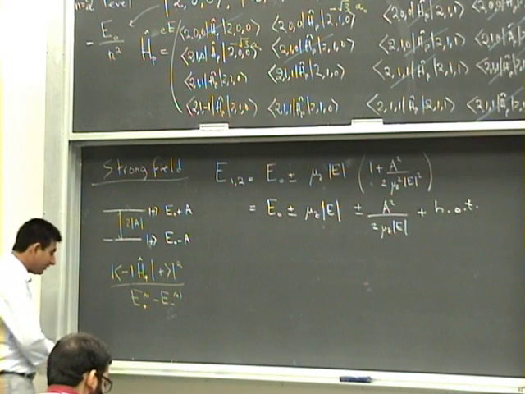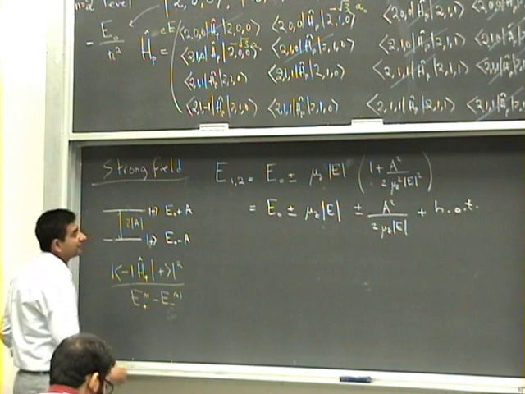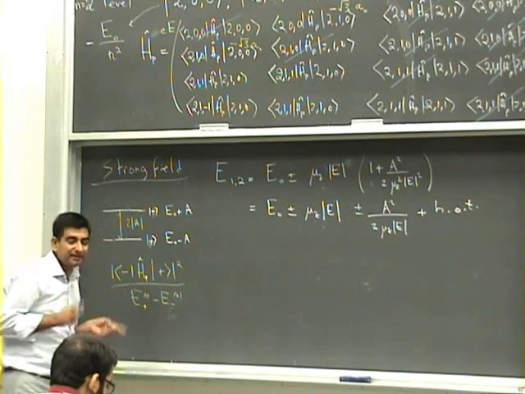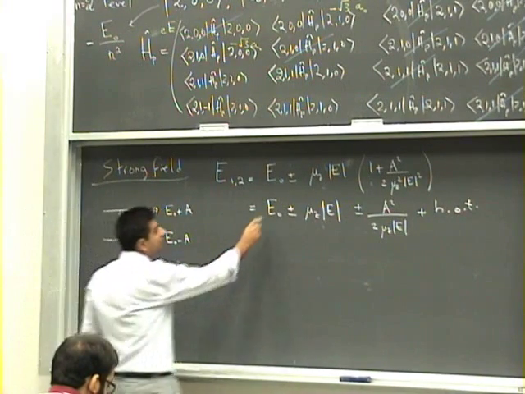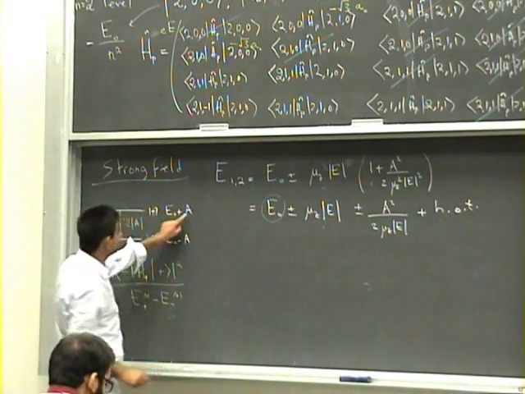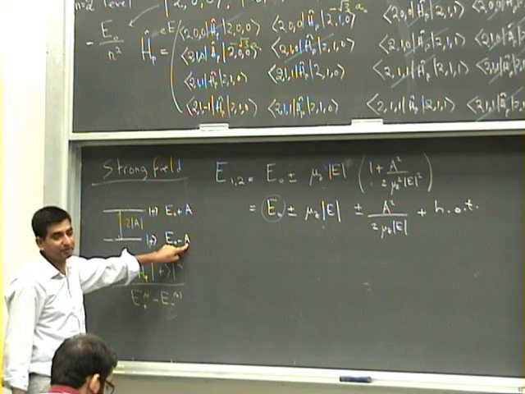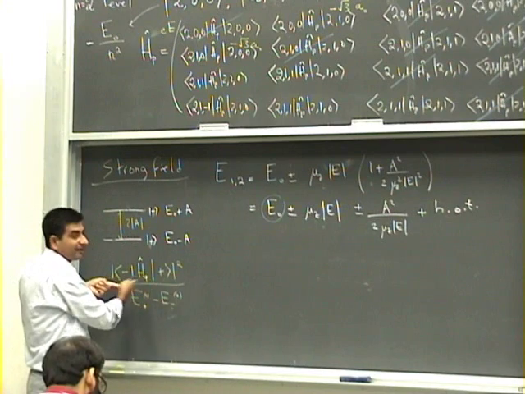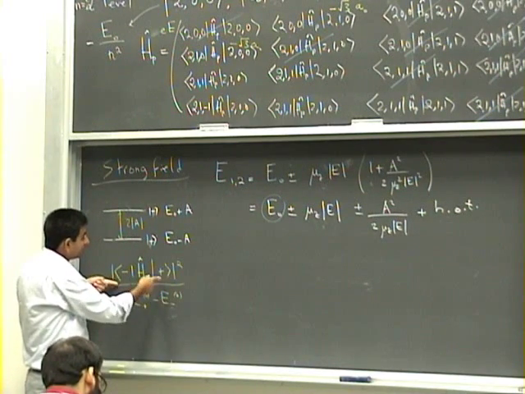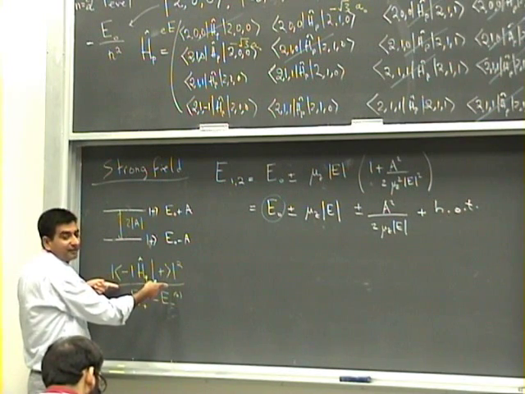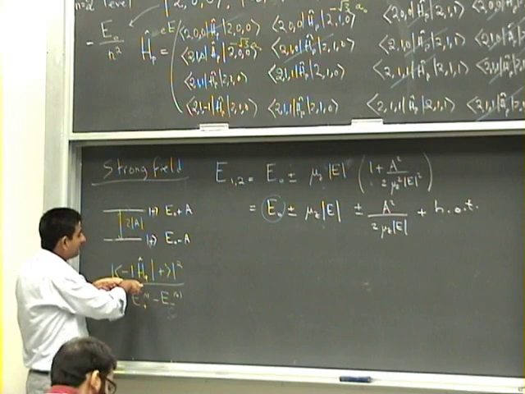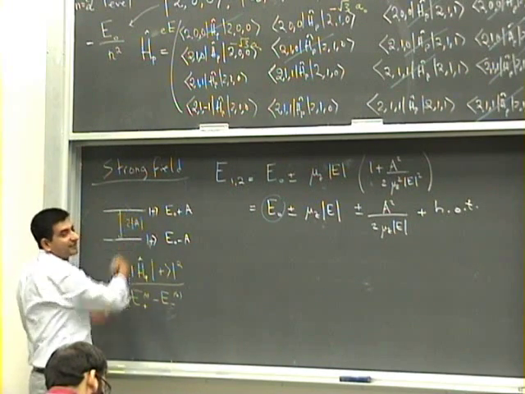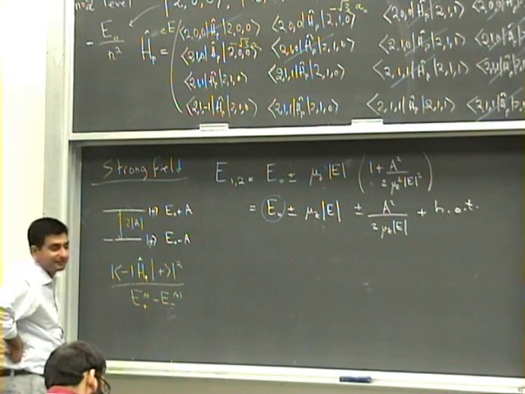So the unperturbed energies are just E naught, because this A is treated to be 0. This separation is so small compared to the transition matrix element due to the applied perturbation that is connecting these eigenstates.